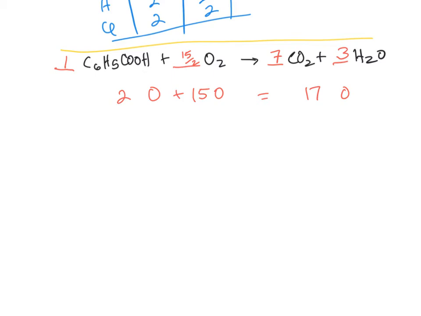All right, so we don't want to leave it that way. We don't want to have fractions in our balanced chemical equation. So in this case, if you just multiply each one of those coefficients times 2, then you are going to have whole numbers for your coefficients.